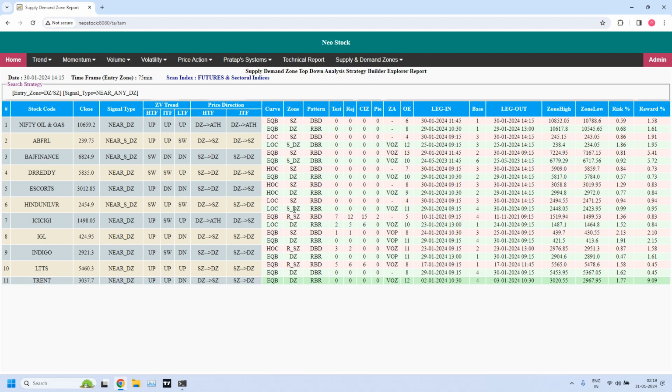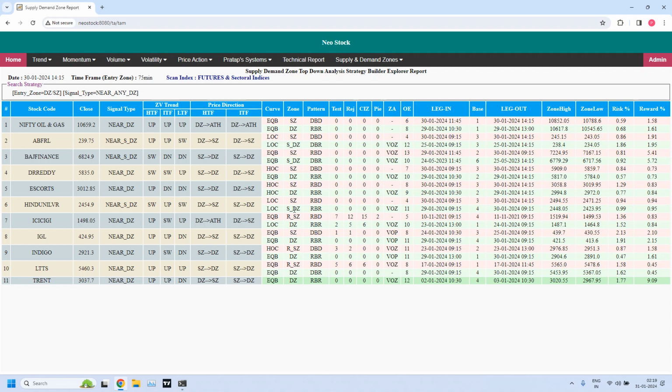Inside the 75 minutes, the 15-minute zone should have a good structure as per demand and supply zone rules. Again, inside that 15-minute zone, we should find a 5-minute zone that has a good structure. Good structure means the base candles should be less than 6 in any zone. If they are more than 6, or if they are already tested zones, there are higher chances of failure.